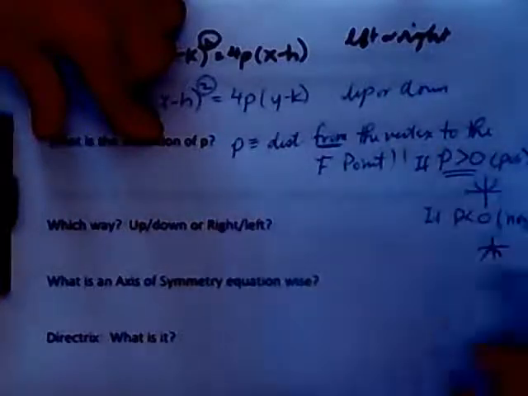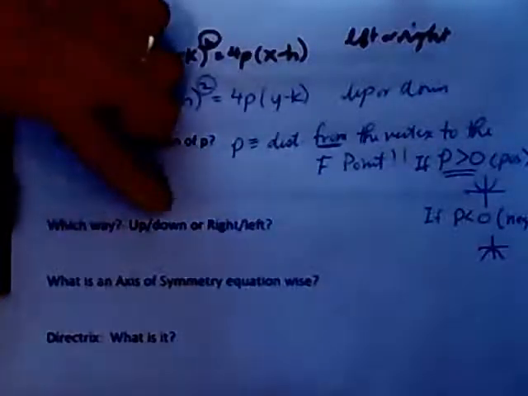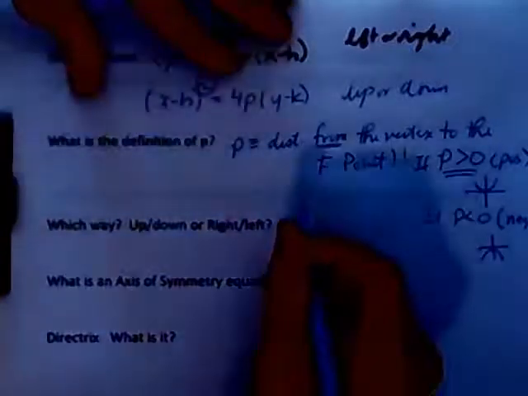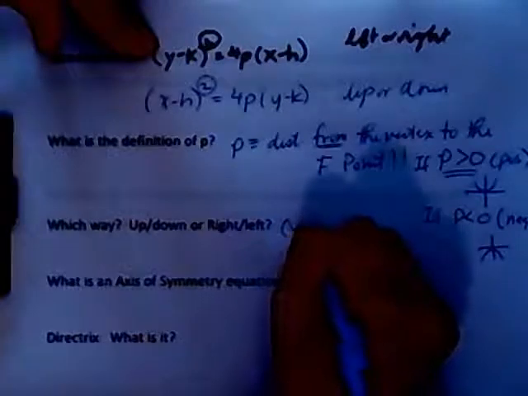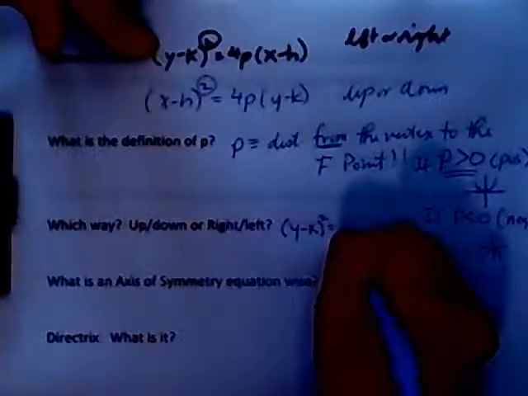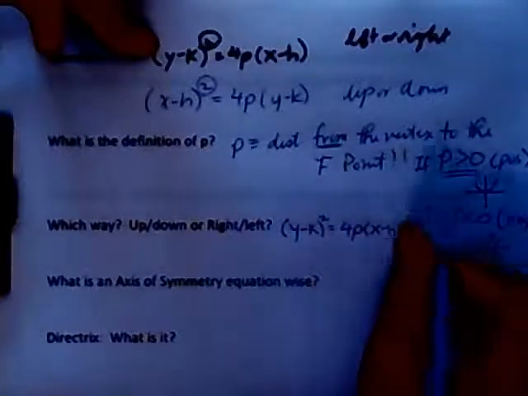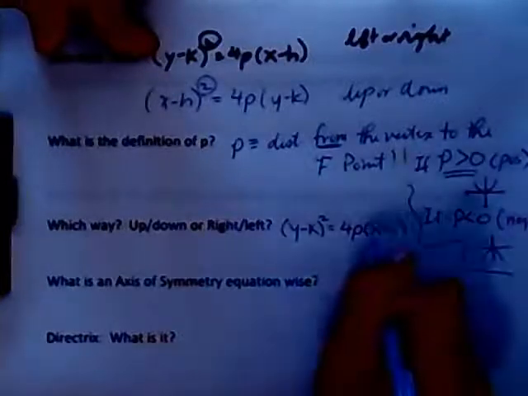It's the distance from the vertex to the focal point. If it's going left or right, here's the equation: y minus k quantity squared is equal to 4p times x minus h. There it is right there.